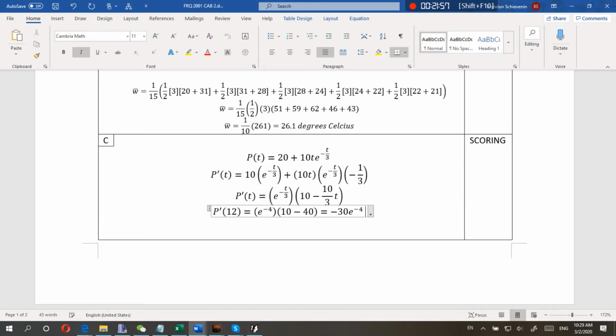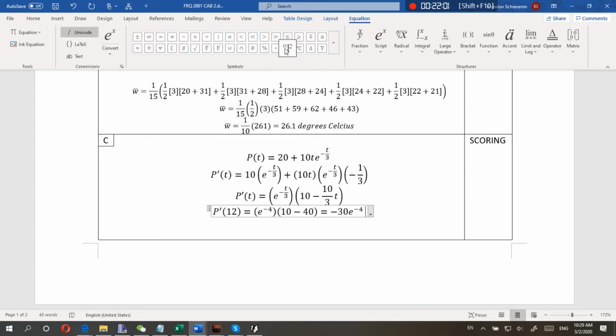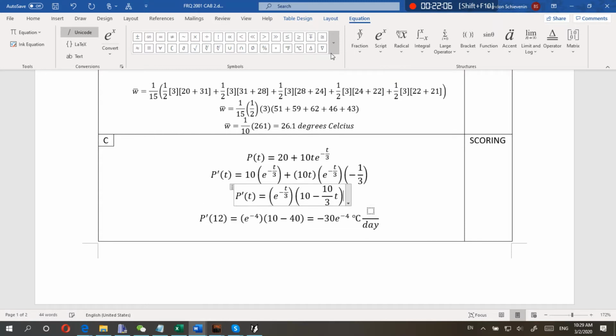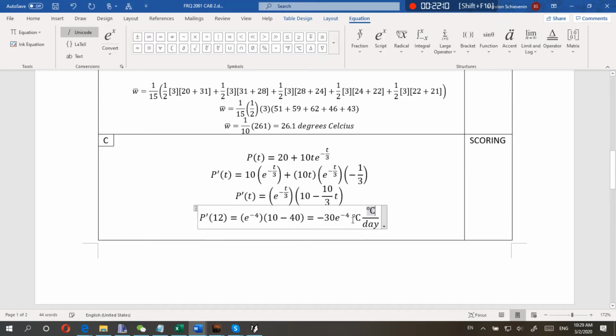So this would be degrees Celsius per day.